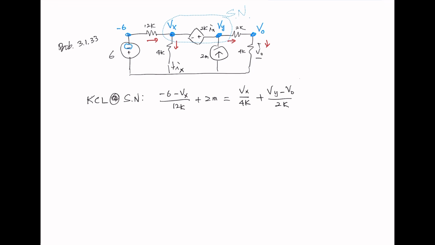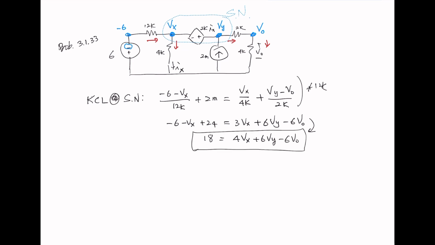So if we multiply everywhere by 12K, we're going to have -6 minus Vx plus 24 equals 3Vx plus 6Vy minus 6V0. And if you simplify a little bit, we end up getting 18 equals 4Vx plus 6Vy minus 6V0. That's our first equation.